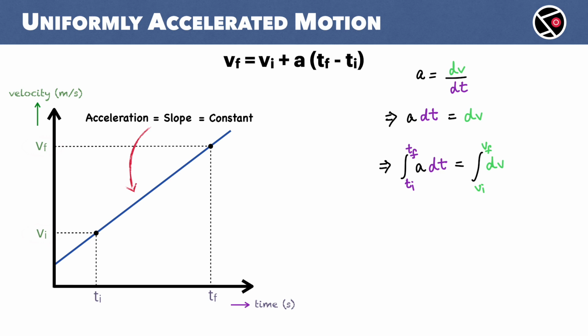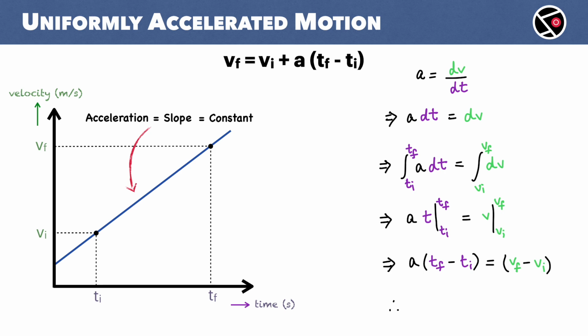Acceleration is constant, so we pull it out. Integral of dt is t. Integral of dv is v. Solving further, finally, we have Vf is equal to Vi plus A times Tf minus Ti.